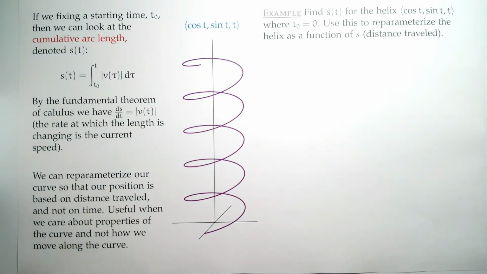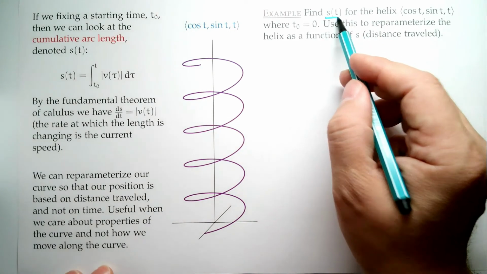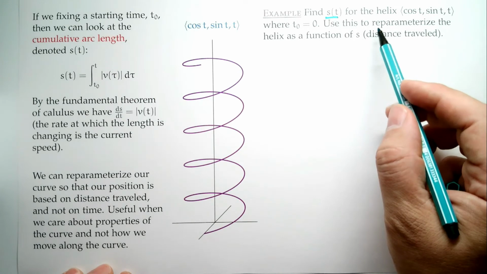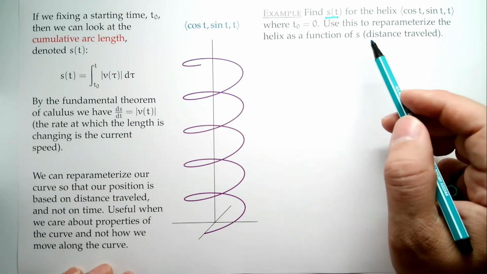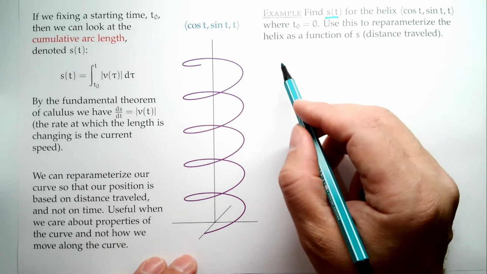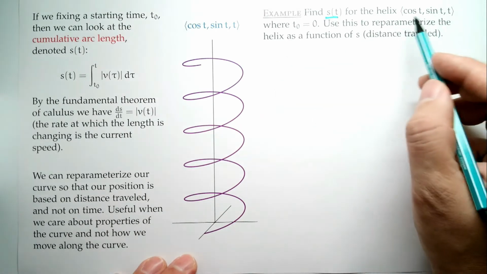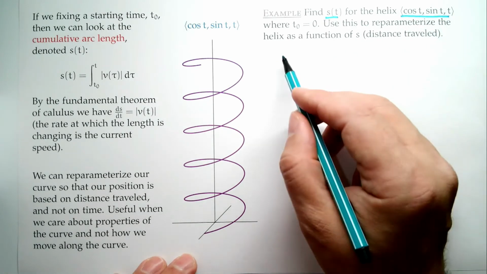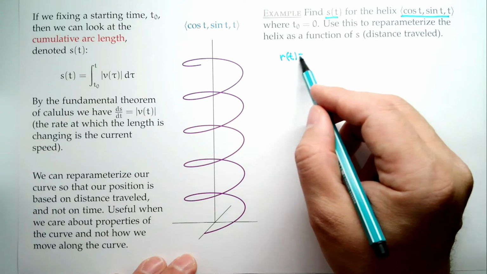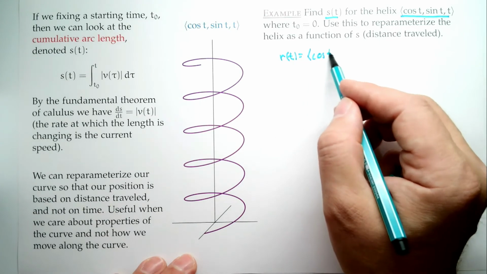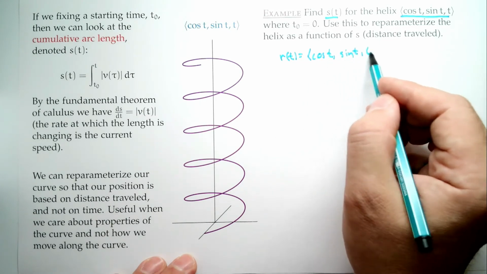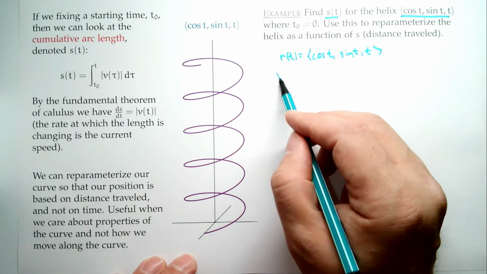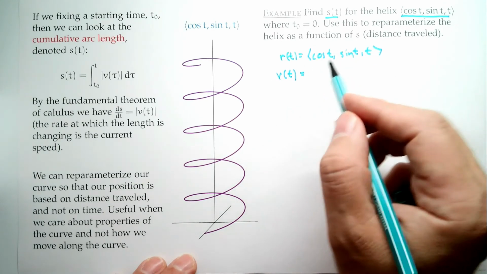So what we want to do is we want to find the cumulative arc length function, and then we want to reparameterize the helix as a function of s. So what do we do? Well, this is our position. So we have r of t. That's our cosine of t, sine of t, t. Our velocity will be the derivative.